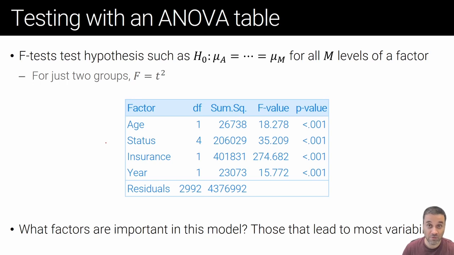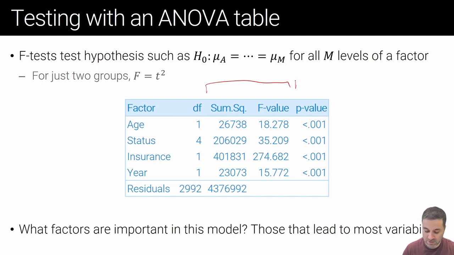We don't have one row for each of the different coefficients involved in modeling all the different marital statuses. We only have one. And so what this is telling us is each of the factors, how important they are for the response, or how much variation in the response they are responsible for. And that's what we can look at in these two columns. The larger the number, the more variation they are responsible for.